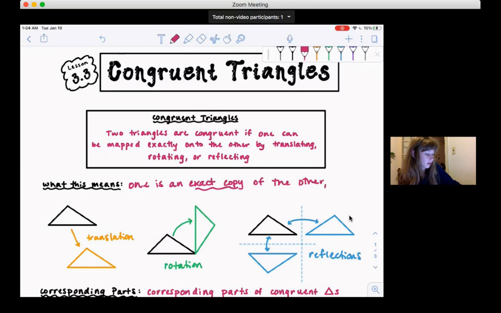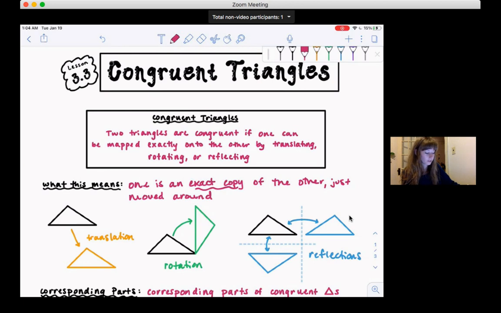So we have an exact copy, but they just might be moved around. Okay, so we can think of congruent triangles as being exact copies.